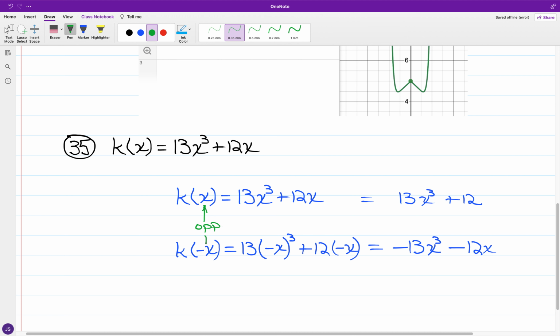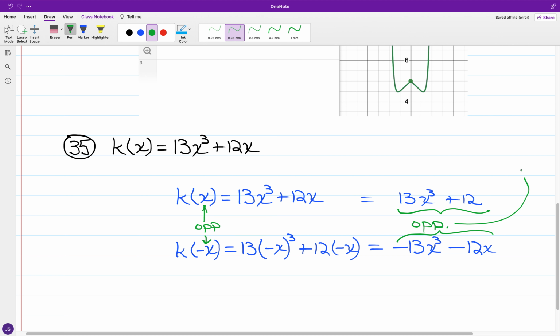Again, we have opposite sign inputs, and if you notice, for k of x we have positive 13x cubed and positive 12x, whereas whenever the input is at negative x we have negative 13x cubed and negative 12x. And guess what? Throughout, the outputs are going to be opposite each other.